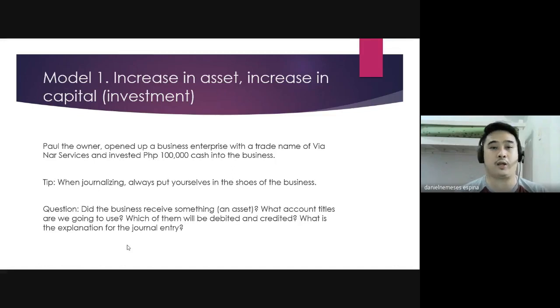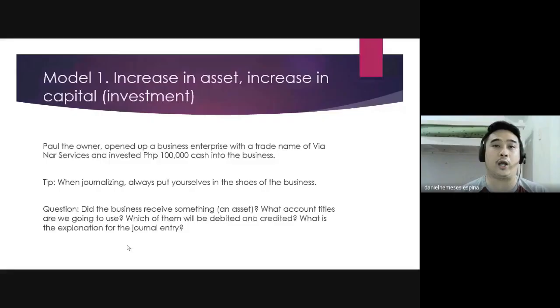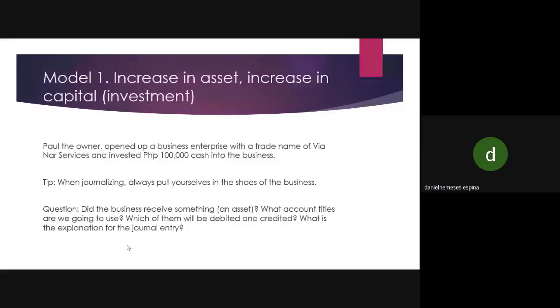It's more important to be specific so that we can trace the outflow or inflow of our cash, where our cash is going or where it came from.